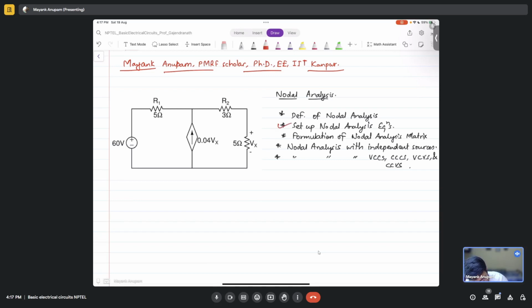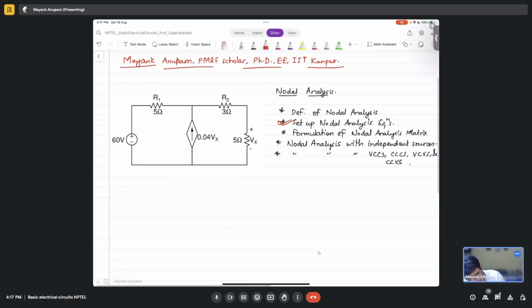So this is the part of setting up nodal equations. Tell me what should I do here? The first thing I should do is assign nodes.